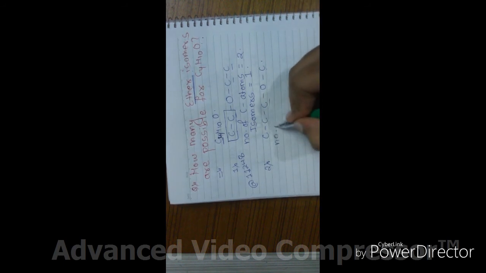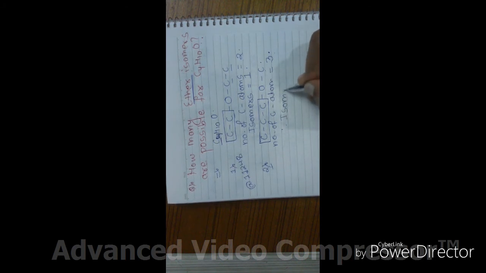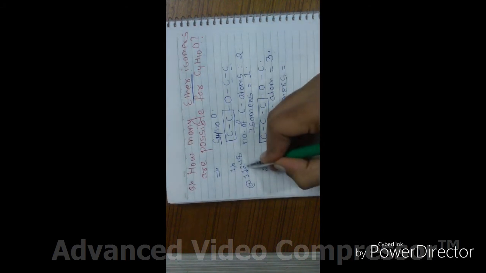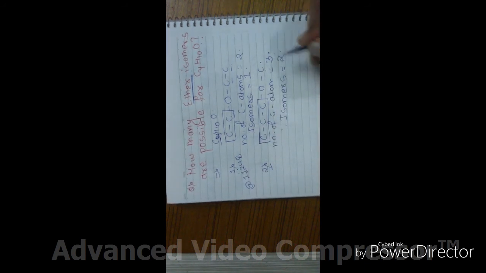In the second ether form, looking at the longer chain, 3 carbon atoms are present. So for 3 carbon atoms, 2 isomers are present.